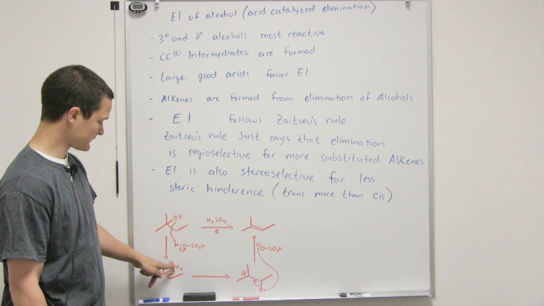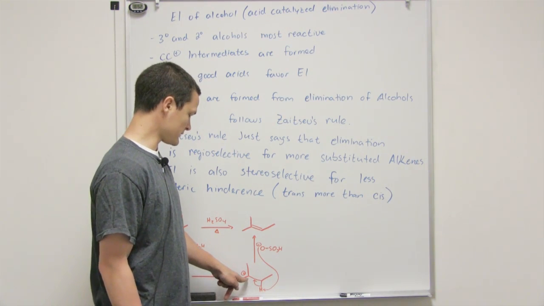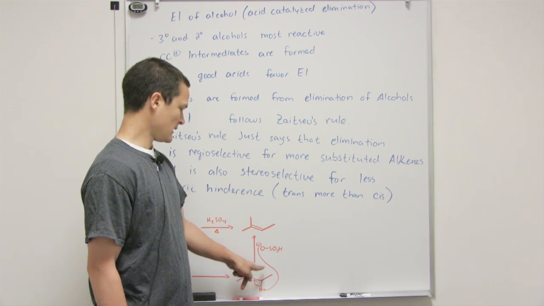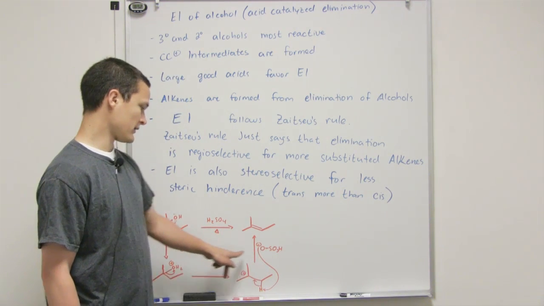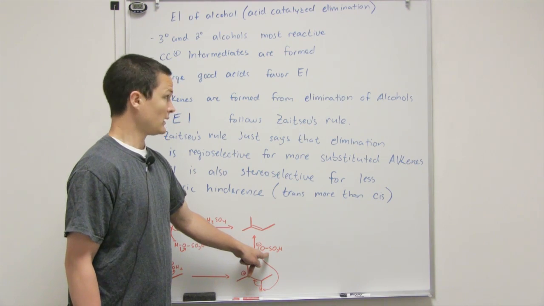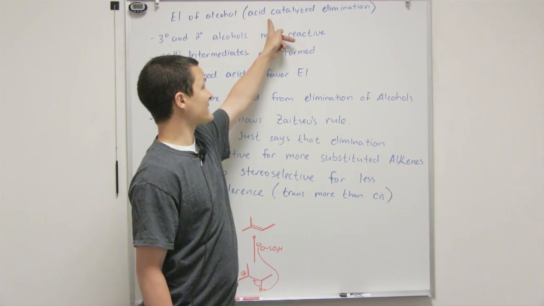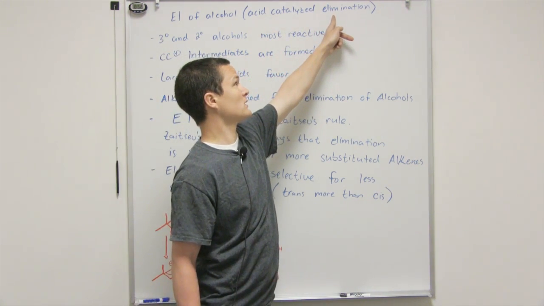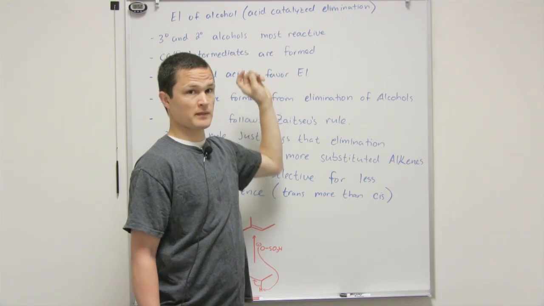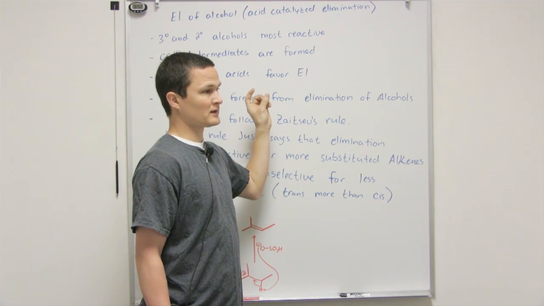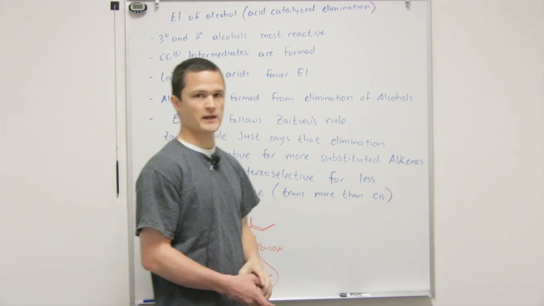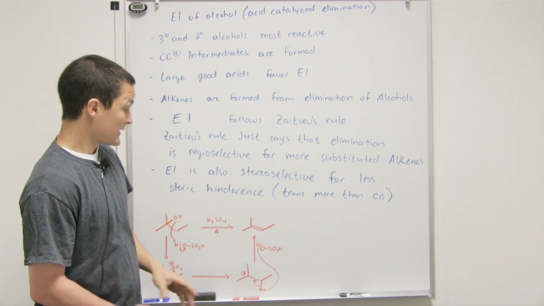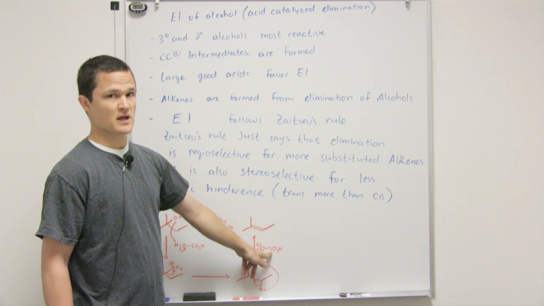It falls off, and we have a carbocation. The same molecule that protonated it is now going to be our base. That's why we call it acid catalyzed elimination, because the mechanism allows us to reform the acid without ever actually using it up. We see that it gets regenerated in this step right here.